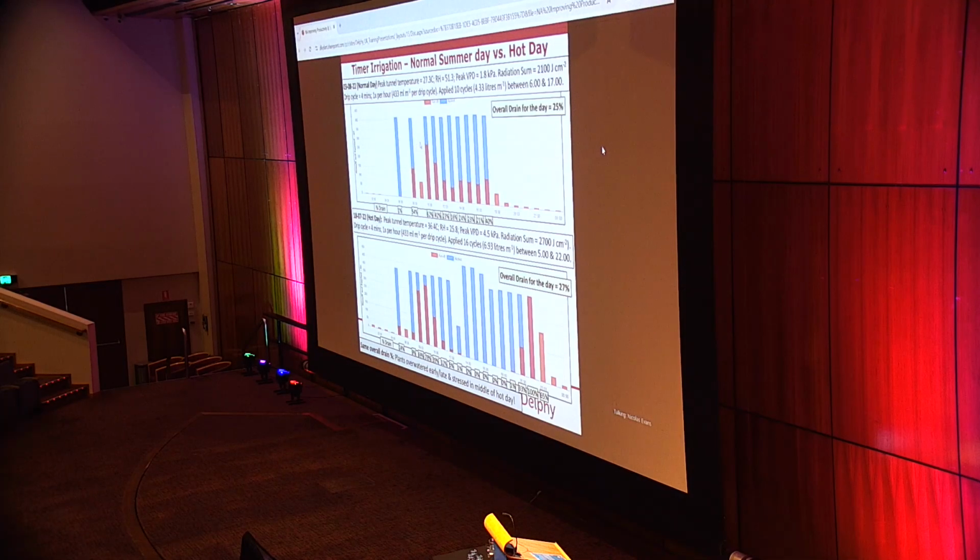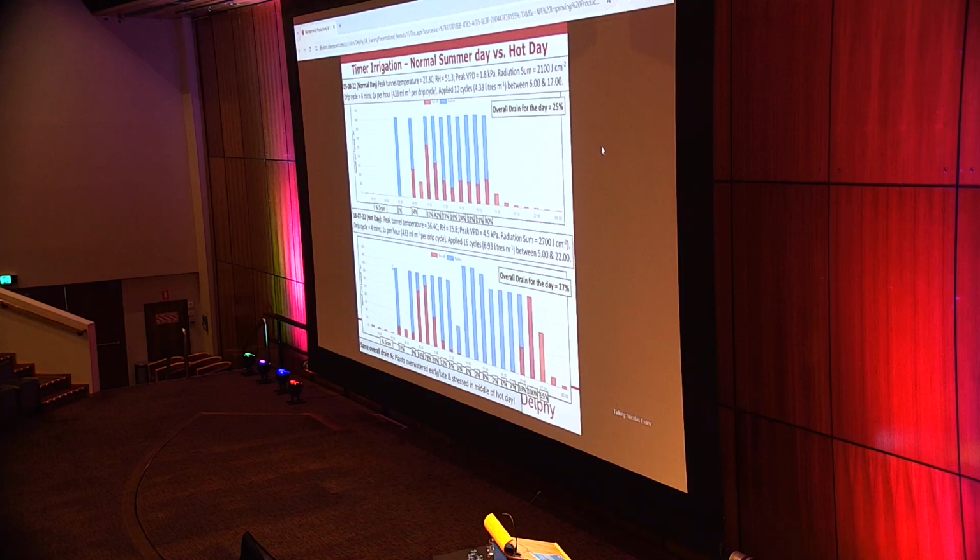And on the first day, 10 cycles were applied between 6 a.m. and 5 p.m. in the afternoon, and 25% drain. And you can see first irrigation cycle, no drain, which is good. And then there was drain across the day. So we can say here that we did a good job of meeting the ET demand of this crop.